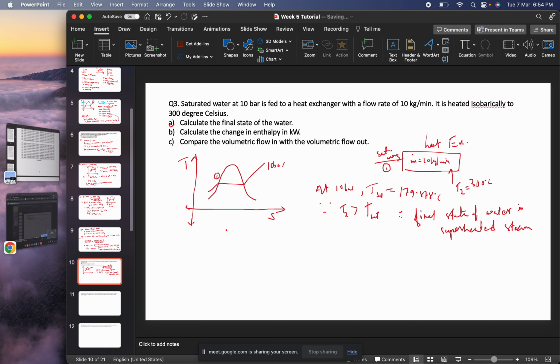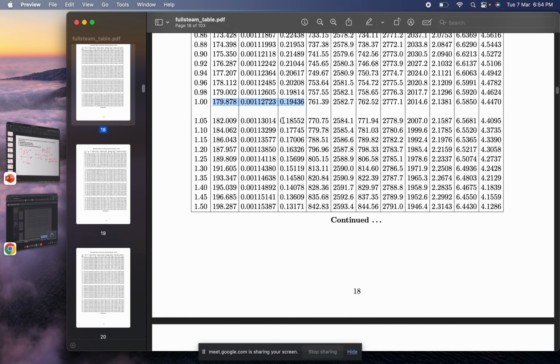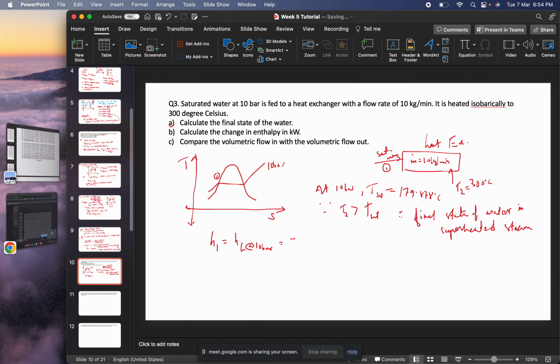So change in enthalpy. The initial enthalpy H1 is nothing but HF at 10 bar. What is my HF at 10 bar? This is T saturation, this is VF, VG, UF, UG, and this is 762.52 kilojoule per kg.